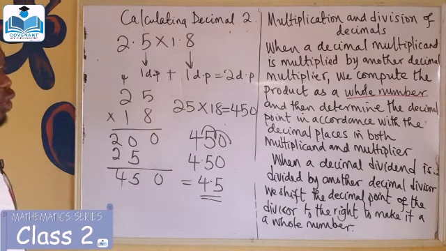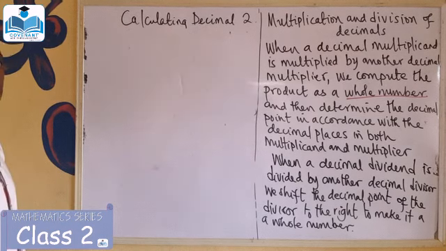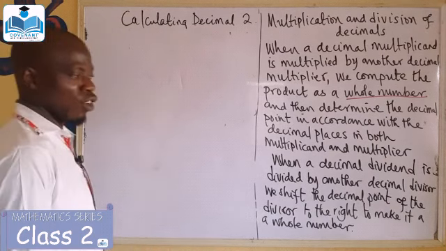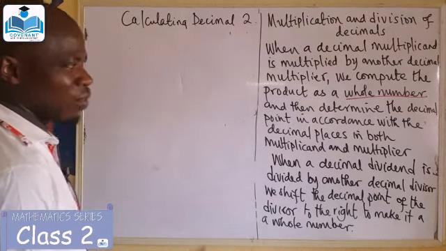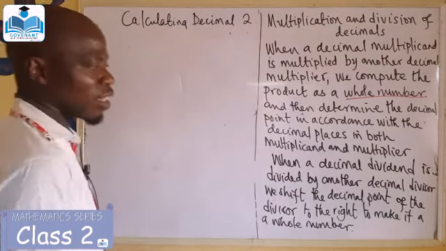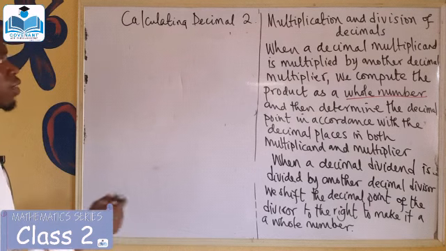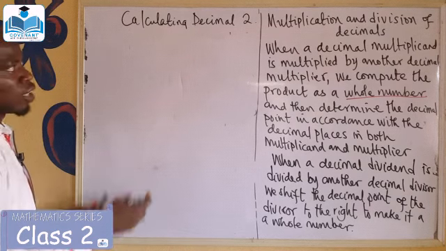Now, in the case of division of decimal numbers, something very similar you are going to do. When you are dividing decimal numbers, what are we going to look at? Very similar to the case of multiplication of decimal numbers. When you are given a number to divide, then you have the dividend.